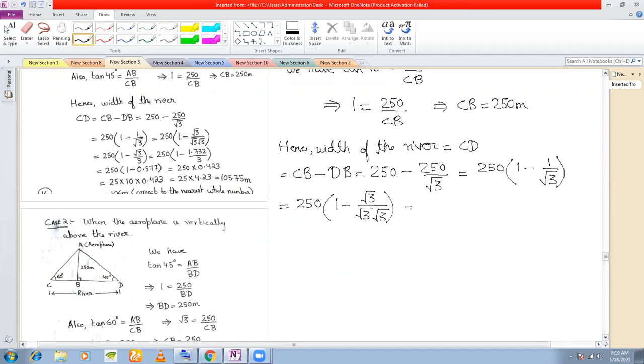Okay, 250 into 1 minus root 3 by 3. Now you will put the value of root 3.